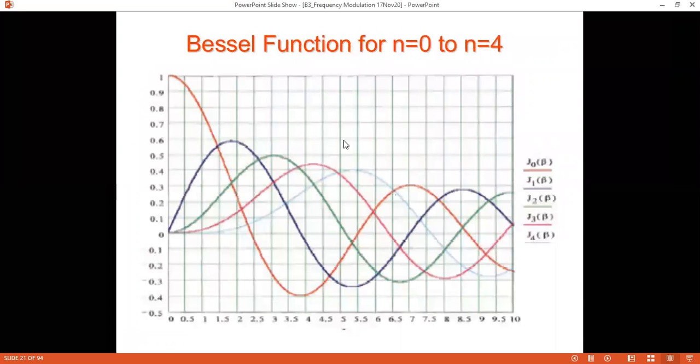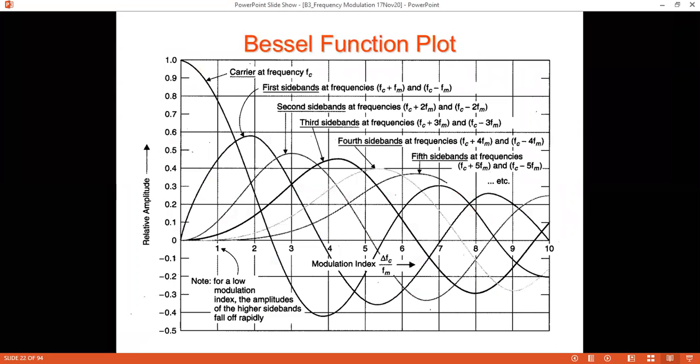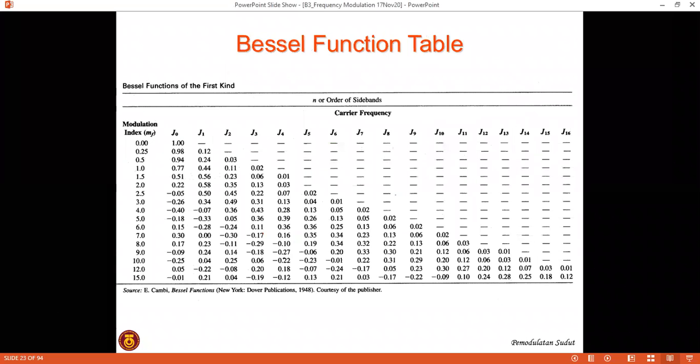Let's look at this example of a Bessel table. We have the modulation index, and this J0 is the carrier FC, and this is the first sideband, second sideband, and so on.